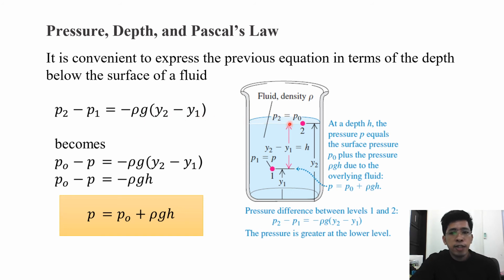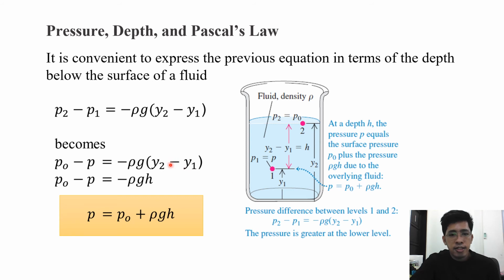If we take P2, which is at the surface here, as your P naught, we are now going to take the top surface here as your reference, and then anywhere around this point here, going downwards at some depth h, as your pressure P. So your pressure equation becomes P naught minus P equals negative rho g, and here your y2 is anywhere going downwards.